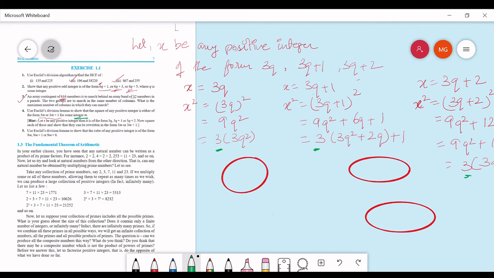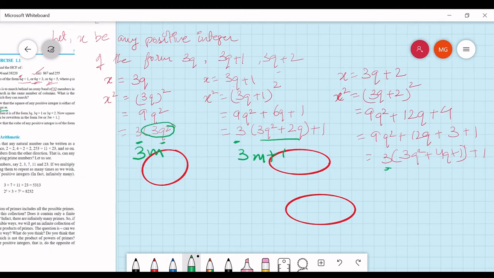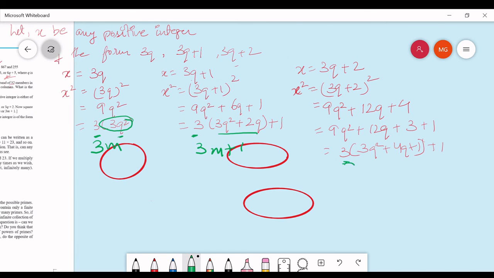You need not worry that their values must be the same. It can be anything. But from here we can say that we can take this value as 3m, this is 3m plus 1, and this is also 3m plus 1, right?